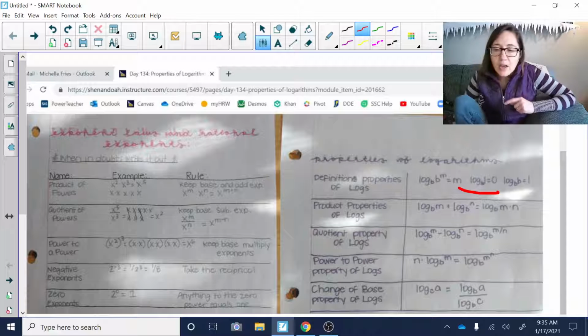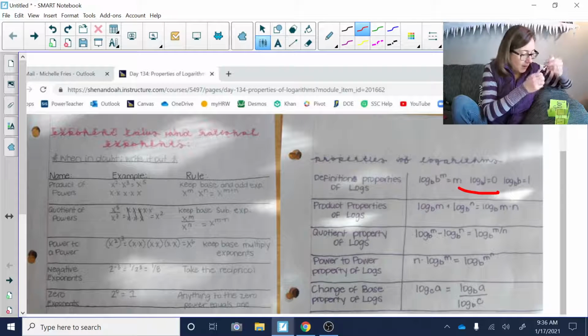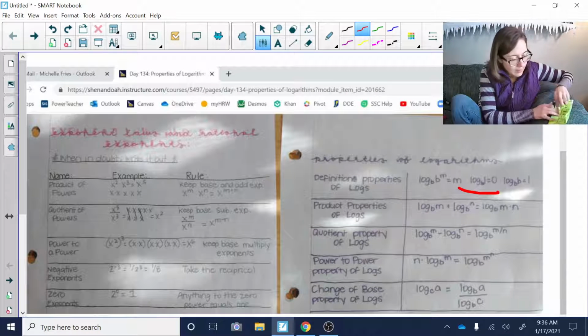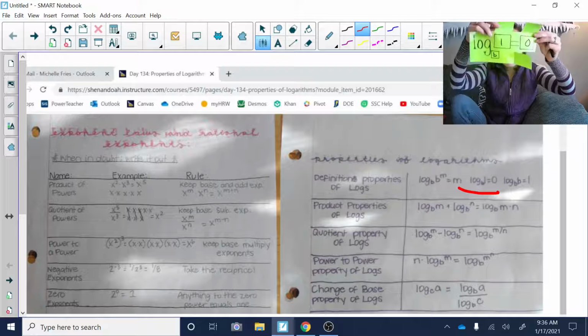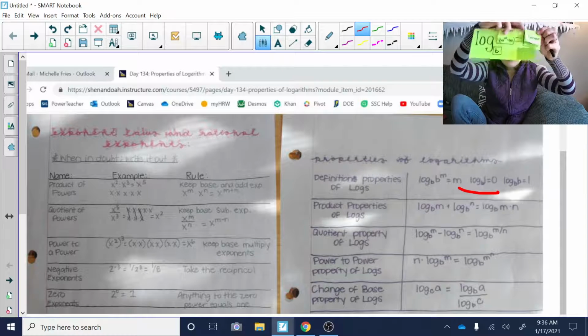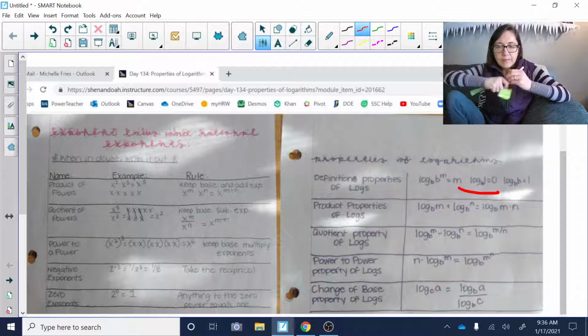Let's talk about this one next. Log base b of 1 equals 0. I'm going to take that and write it in exponential form. So what's my base? It's b.